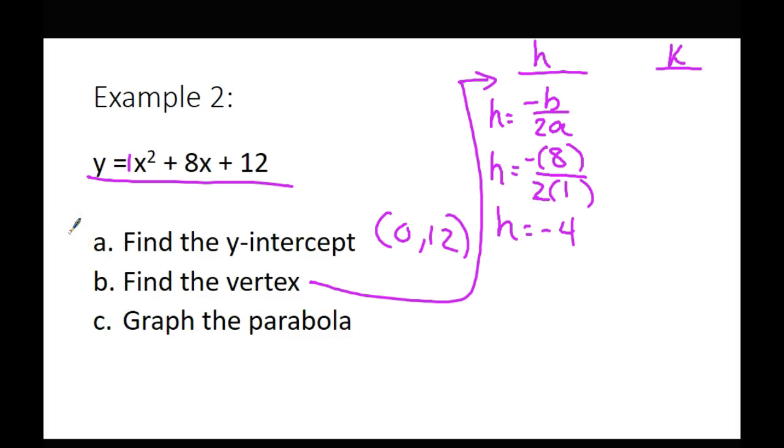All right, so let's find our k now. The k is what we would get if we plugged in the h value for x. So I'm kind of squishing it in there, but if you can't see it, it's negative 4 squared plus 8 times negative 4 plus 12.